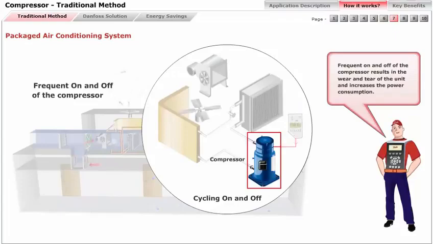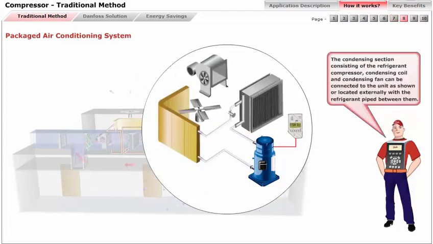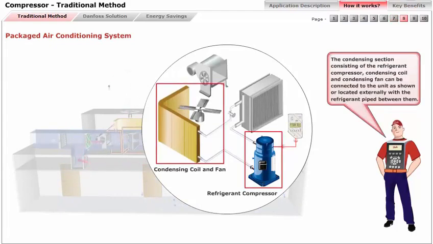Frequent on and off of the compressor results in wear and tear of the unit and increases the power consumption. The condensing section, consisting of the refrigerant compressor, condensing coil, and condensing fan, can be connected to the unit, as shown, or located externally, with the refrigerant piped between them.